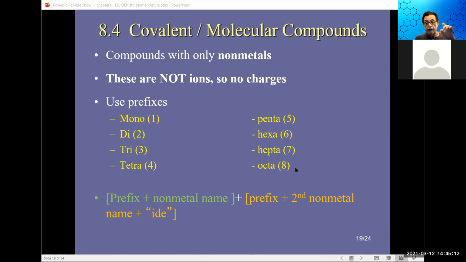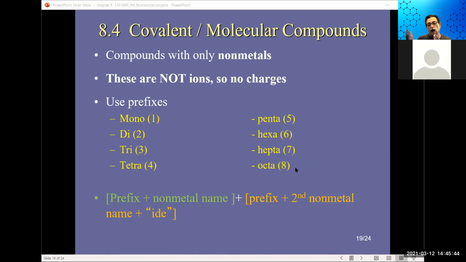Okay, but we're using prefixes, and that tells us how many of those atoms that we utilize. Okay, so generally the name is this. We have nonmetals. The first nonmetal that you see generally is the central atom. The only exception with that would be like water, H2O. By convention, people write H2 and then O. Okay, hydrogen is not the central atom, oxygen is. But other than that, all the ones we deal with, the first nonmetal is the central atom. Hence, its name remains the same. It's not going to be the IDE extension. So if sulfur is a central atom, then its name will be sulfur.